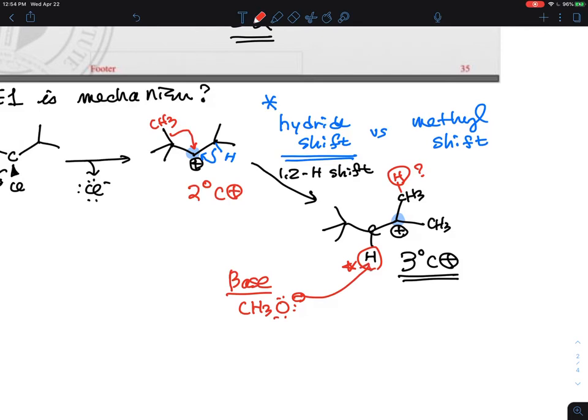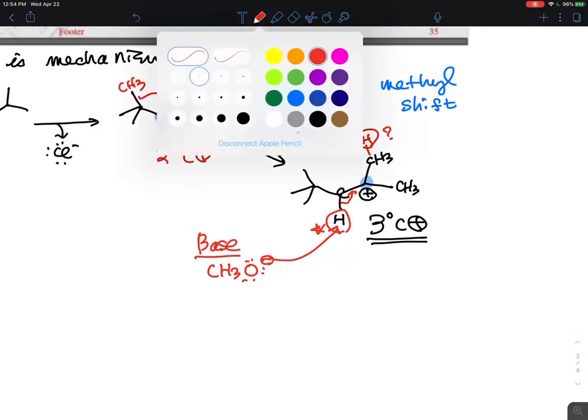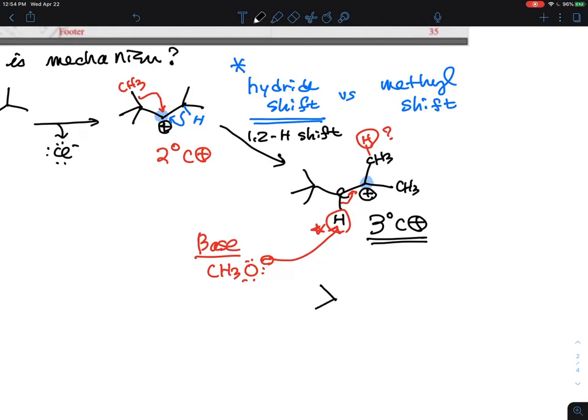So they take this one hydrogen, and this one can form the double bond here, right? And then the final structure looks something like that, with a double bond, CH3, CH3, and then this trimethyl.